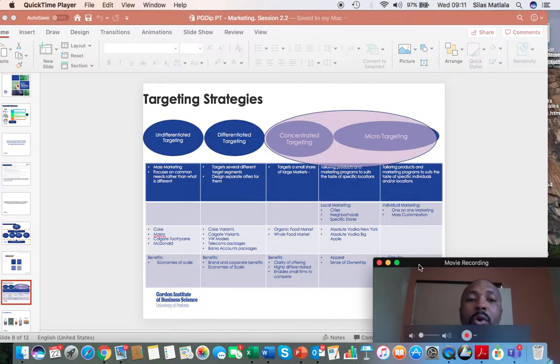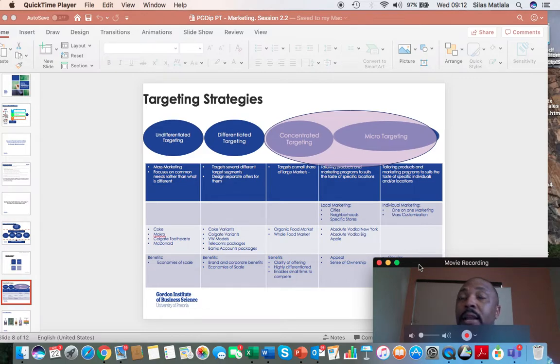You are focusing on common needs rather than what is different. Examples of brands that do undifferentiated mass marketing would be the likes of Coke. Coke targets everyone, but with the knowledge that not everyone will be drinking carbonated soft drinks. But they are targeted at everyone.